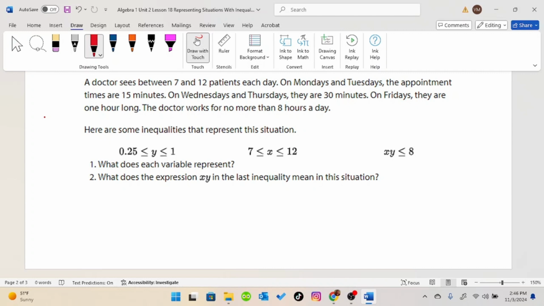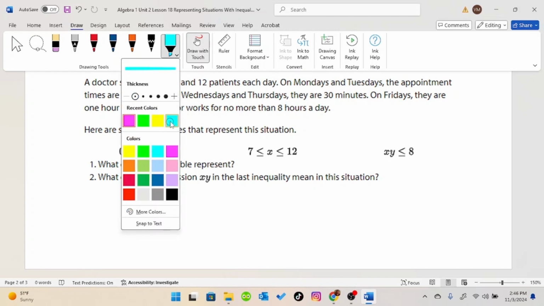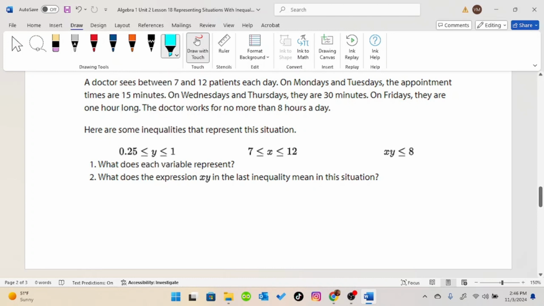So, let's highlight the important parts. We know that there are between 7 and 12 patients each day. On Mondays and Tuesdays, the appointment times are 15 minutes.